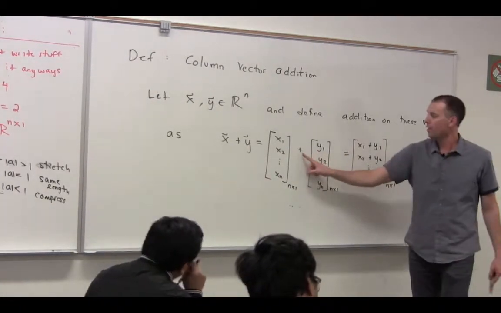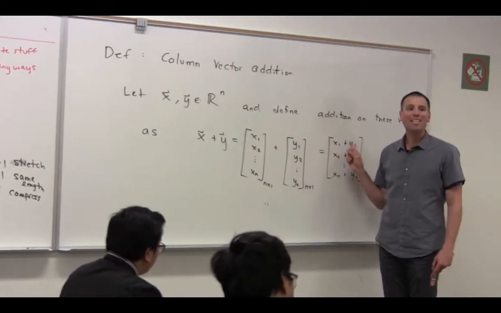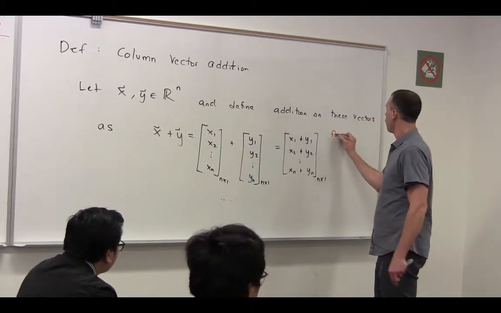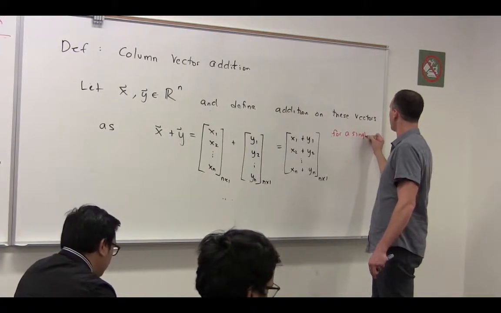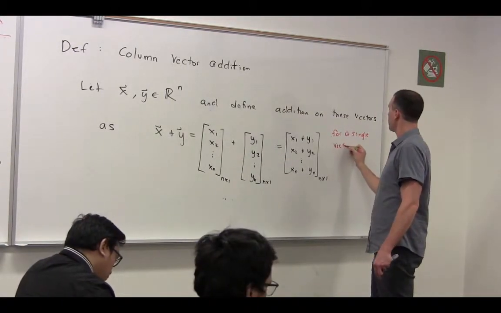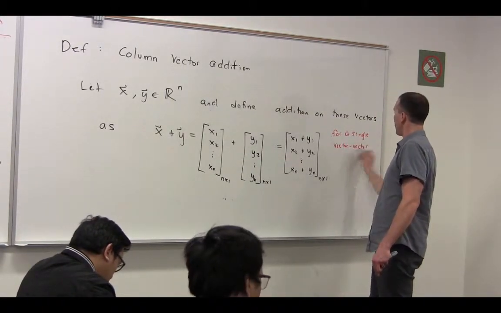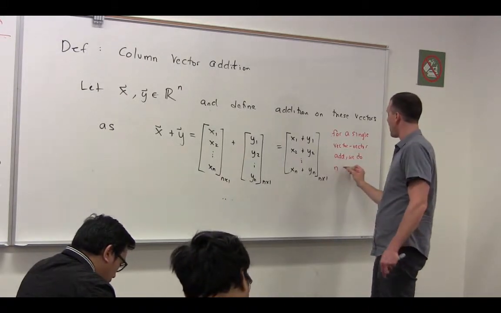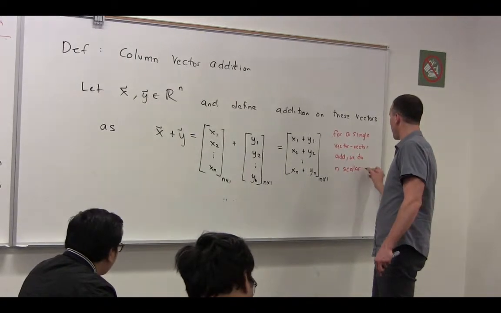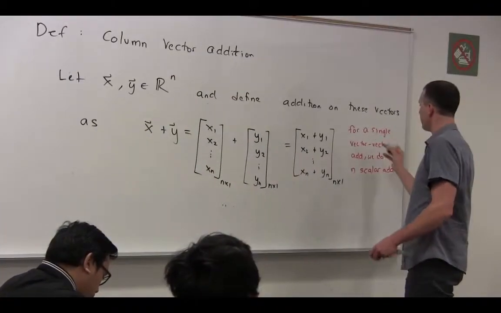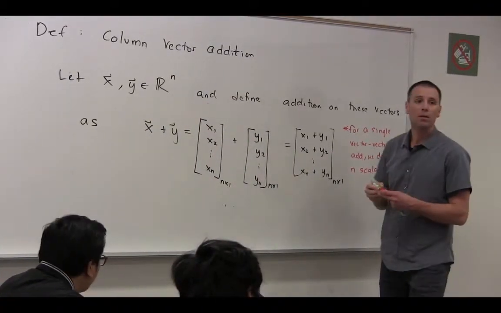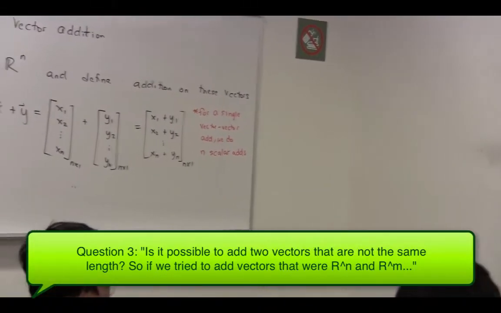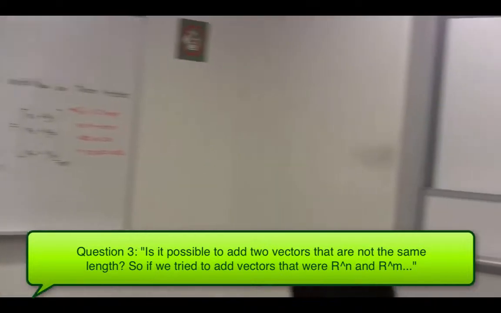And let's just do a quick side note. For one vector-vector addition, how many scalar-scalar additions do we get out? For a single vector-vector add, we do n scalar adds. Is it possible to add 2 vectors that are not of the same length? So if it was like n by 1 and m by 1?